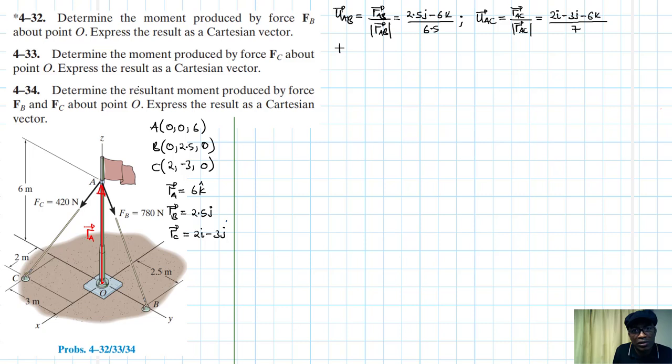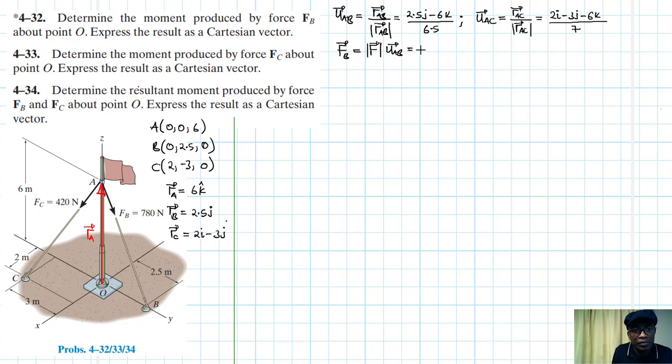Let's convert the forces. Let's start with force FB, converting it to a force vector. This is going to be equal to its magnitude times the unit vector UAB. Right?